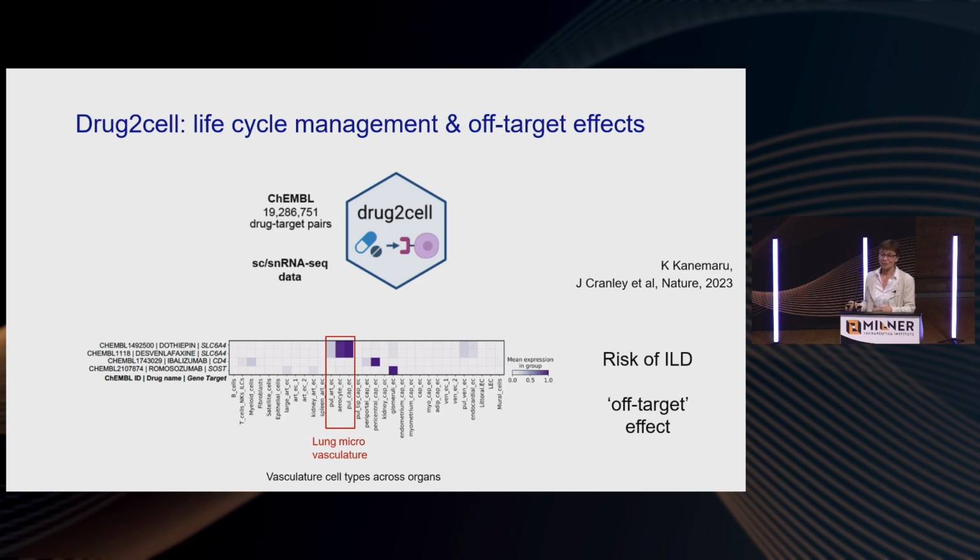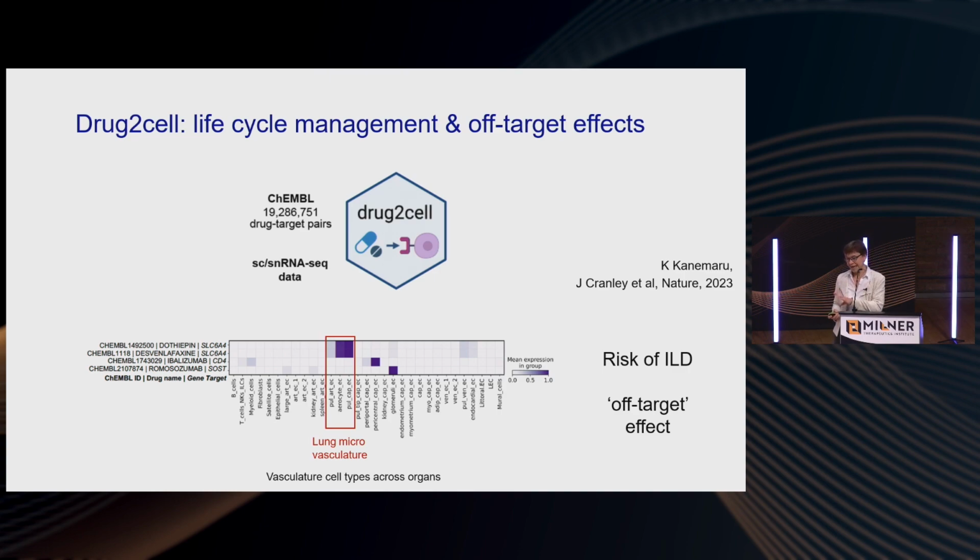This was a very good finding in a way, because it was known that the use of these drugs can cause a risk of interstitial lung disease. So by applying this drug-to-cell algorithm, we were really able to give a molecular explanation for this off-target effect.